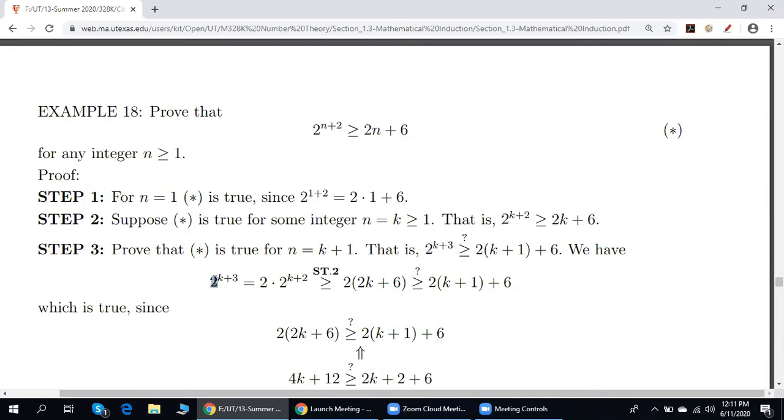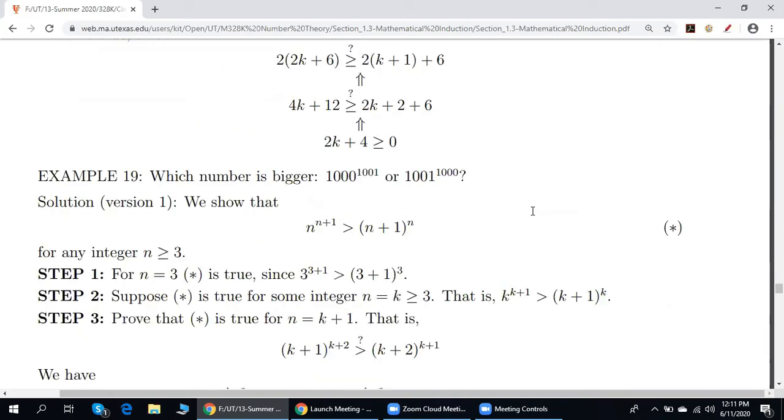For example, 2k plus 3, which is the left-hand side part, is equal to 2 times 2k plus 2, which is the left-hand side part from step 2. Over here, it is not immediately clear how to do it, because we erase k plus 1, 2k plus 2 here, but over here, k, 2k plus 1. How to extract this term from here?